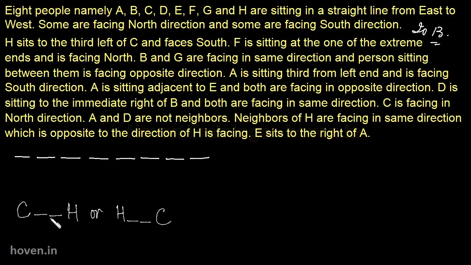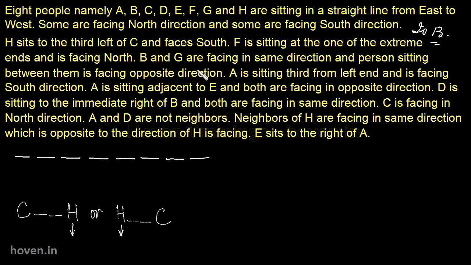One thing is very concrete, that 2 persons are sitting between them. Then H faces south, so let us mark an arrow here to tell us that this is the direction for H.